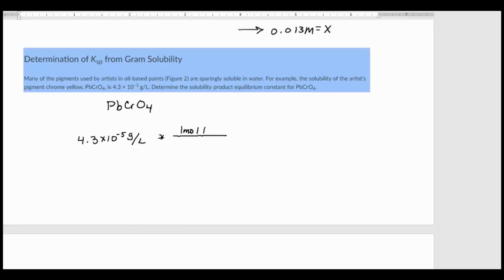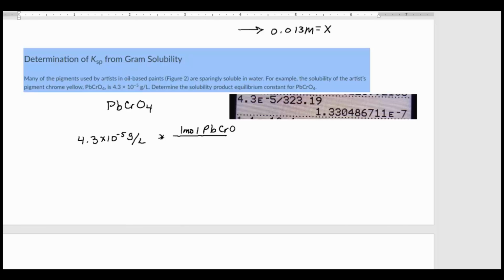And I found that 1 mole of lead chromate is 323.19 grams. So when I do that arithmetic, and here my grams are going to cancel, and I'm left with moles per liter, which is what I'm looking for, I get 1.3 times 10 to the negative 7 capital M moles per liter.